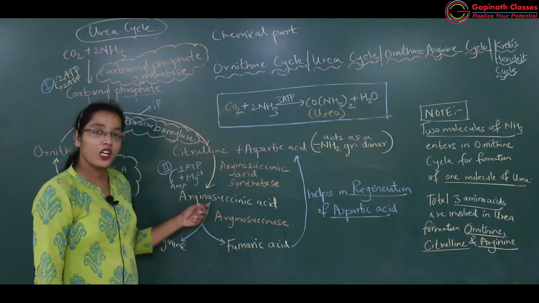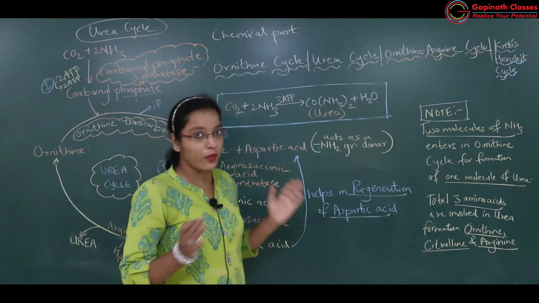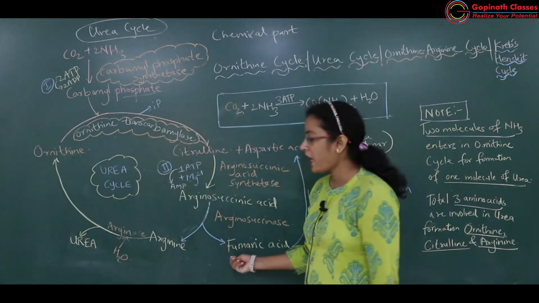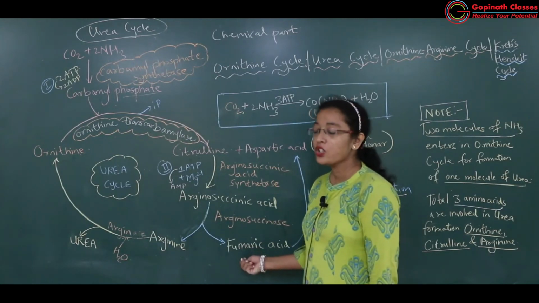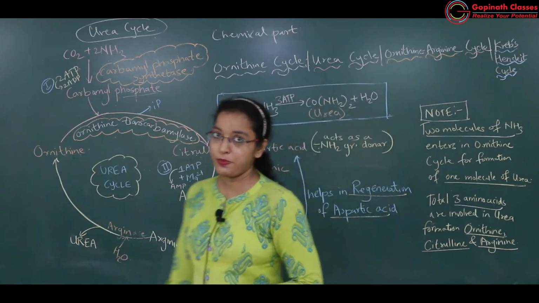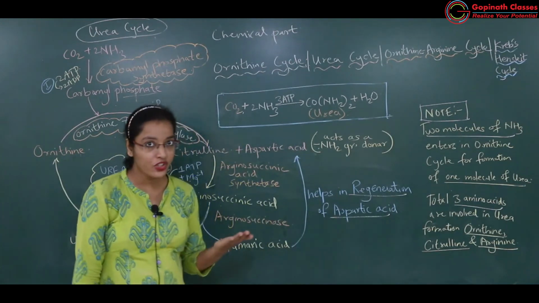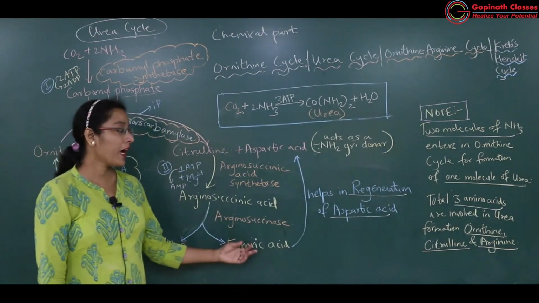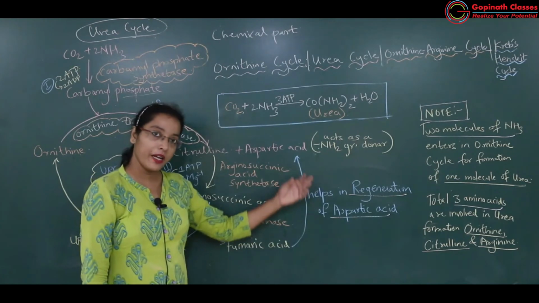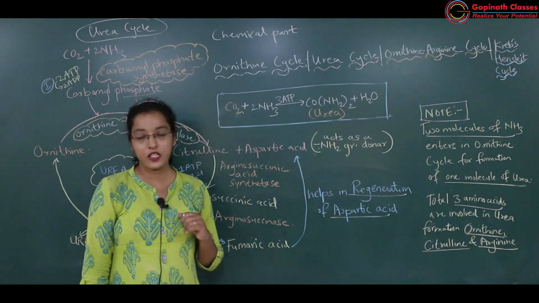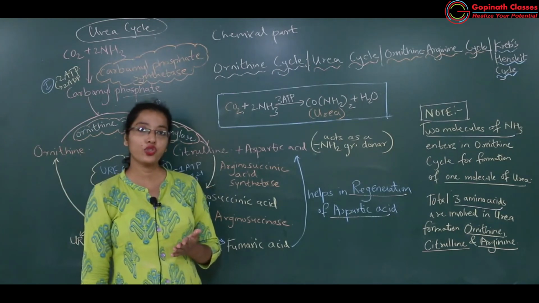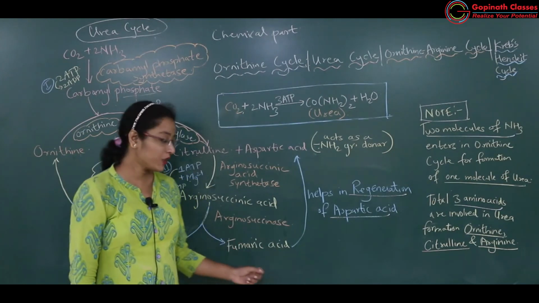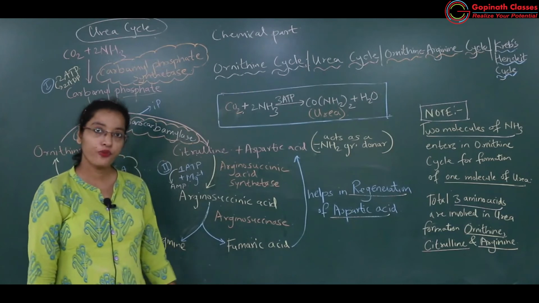Now, further arginosuccinic acid splits up into fumaric acid and arginine. Fumaric acid is formed to regenerate aspartic acid. How it regenerates aspartic acid? By donating the amino group to aspartic acid. Okay. Aspartic acid is needed for formation of citrulline. So, that is why fumaric acid is formed.